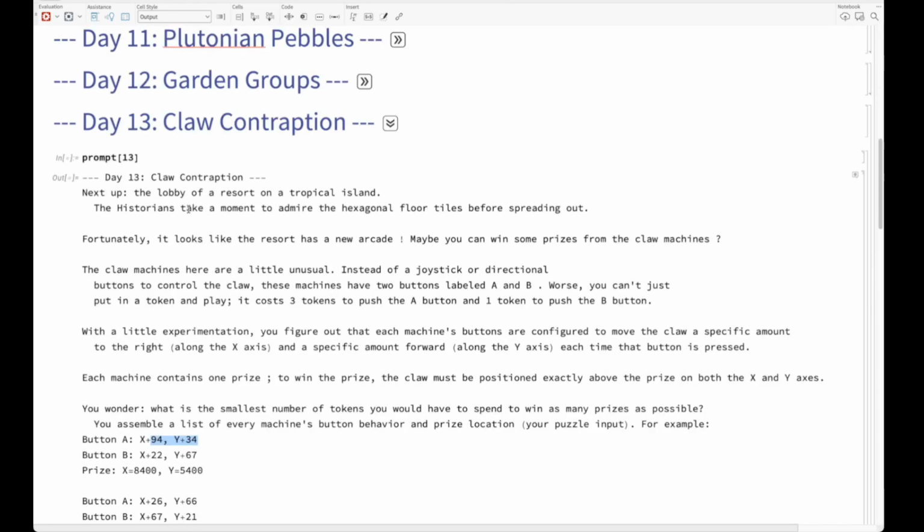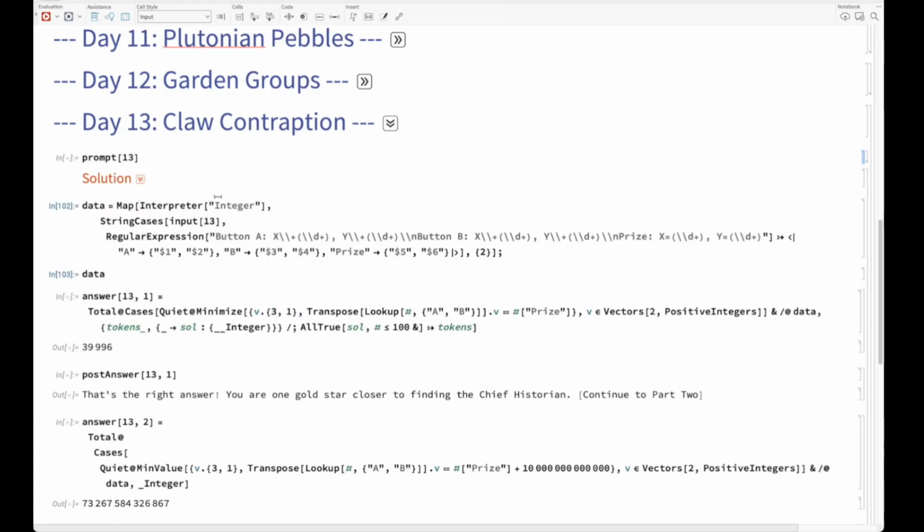So given the shifts that you can do by pressing a button and some cost for those buttons, because each of the different buttons has different costs. Like pressing button A costs you 3 tokens, and pressing button B costs you just a single token, and that's why it's an optimization problem, and you can easily encode it, right?